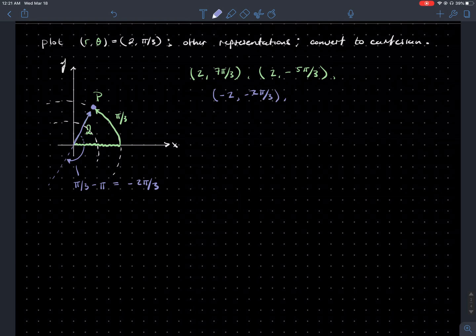Now that we have this base angle for our negative radii, we can just add and subtract some multiple of 2 pi from this guy right here. So we could take negative 2 and add 2 pi to negative 2 pi thirds. So negative 2 pi thirds plus 2 pi ends up being 4 pi thirds.